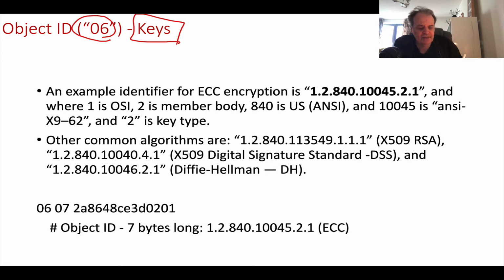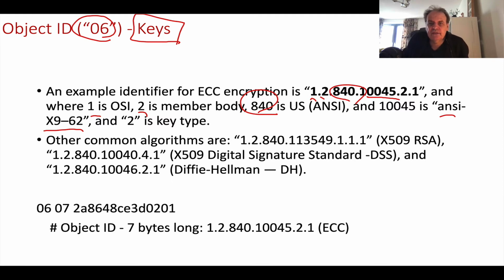And it's defined in this dot format, which is a hierarchical format. So 1 is OSI, and then 2 is a member body, and 840 is the US. Then the value that we have after that defines the type of keys that we're actually using.